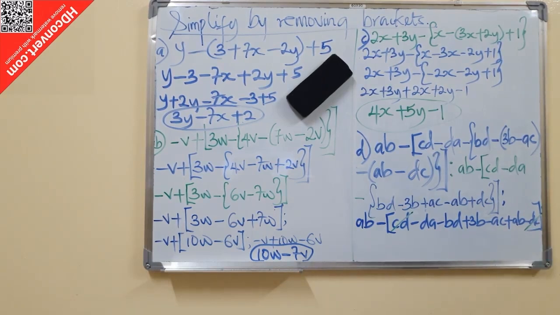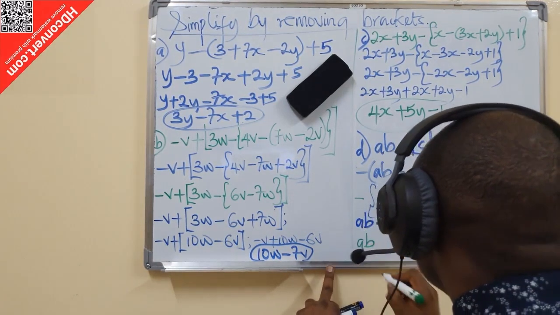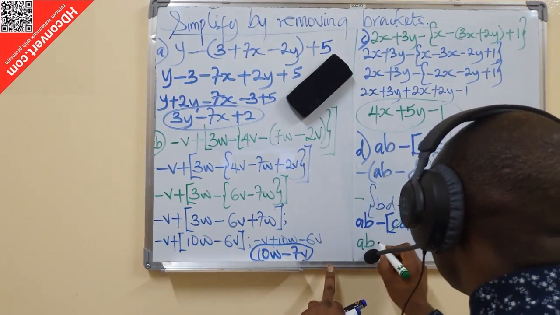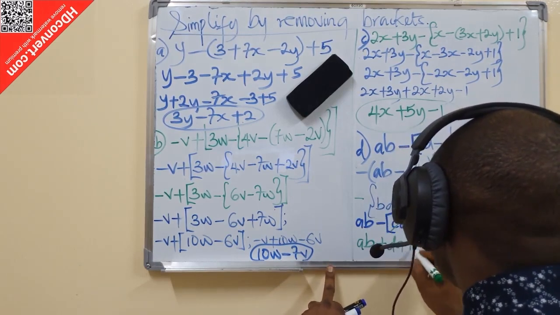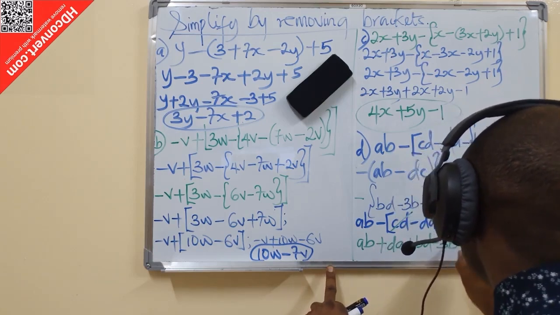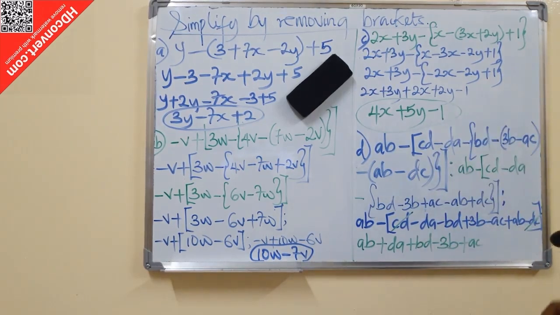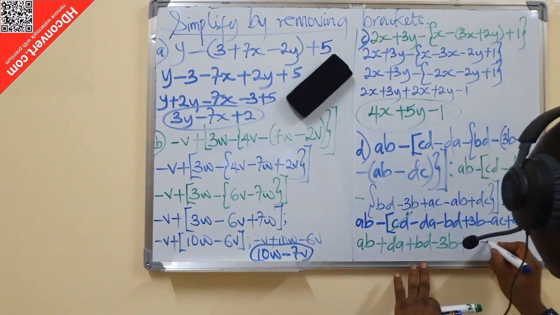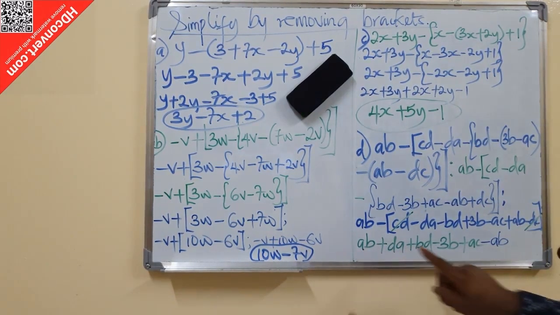And to do that, all we need to do is write what we have outside. We have AB outside. Minus, we multiply everything. So this changes to plus DA plus BD minus 3B plus AC and minus AB. So at the moment, let's see if there is anything to simplify as well. Yes, there is. This is AB and this is AB.